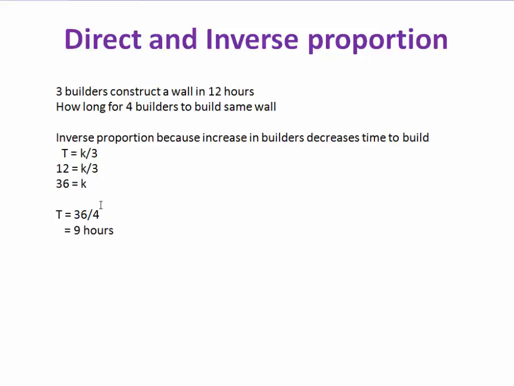Use that in our second part of the question. So time equals K, and we're told that builders are 4, divided by 4. We don't have to rearrange, we get T equals 36 divided by 4. So 36 divided by 4 is 9 hours.